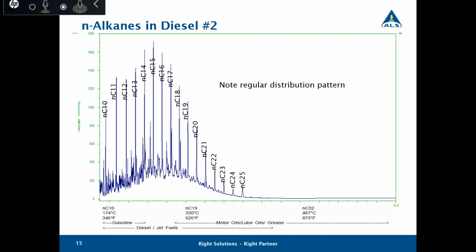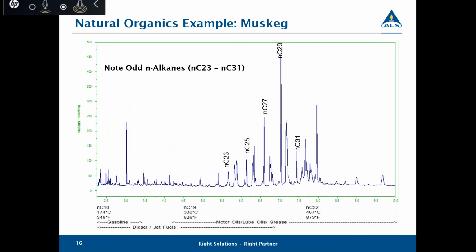So this is the example of the diesel chromatogram, and we have another example, a natural organics example, for musket, for peat moss. They are usually indicated by many discrete peaks, like we can see on this chromatogram, particularly past C19, and they are the odd hydrocarbon peaks.